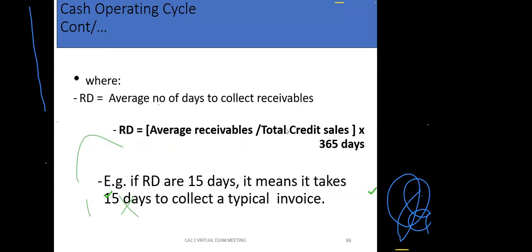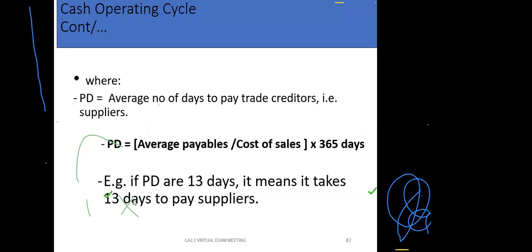You should not include cash sales, just credit sales, multiplied by 365 days. So if the receivable days are 15 days, it means that it takes 15 days to collect a typical invoice, or 15 days for you to receive cash from your customers.